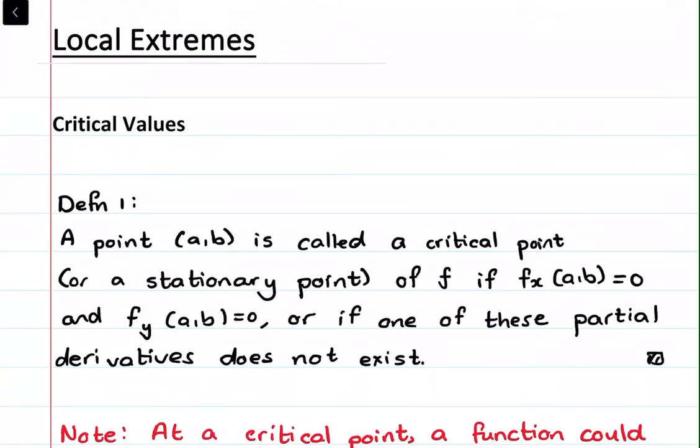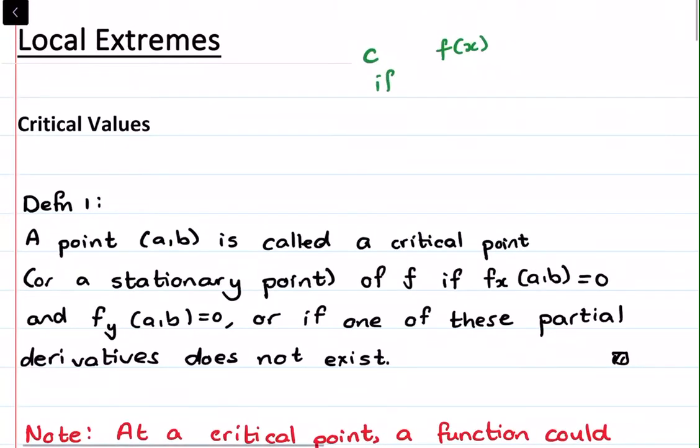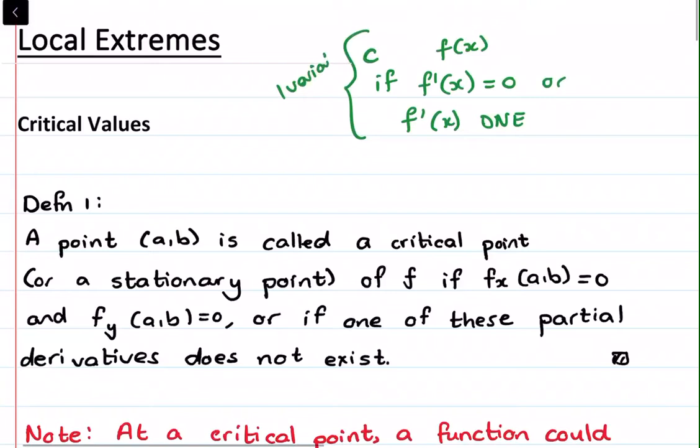A point c is called a critical point of the function f of x if you take the derivative and set it equal to 0, or the derivative does not exist. This is what happened in one variable.